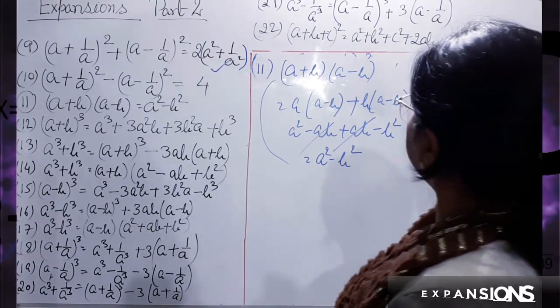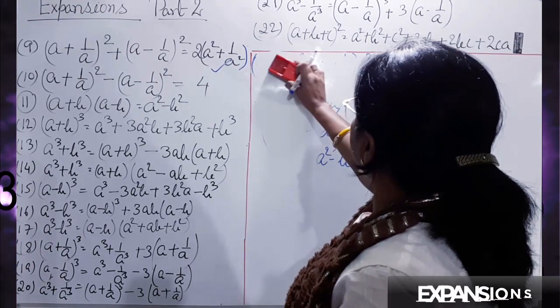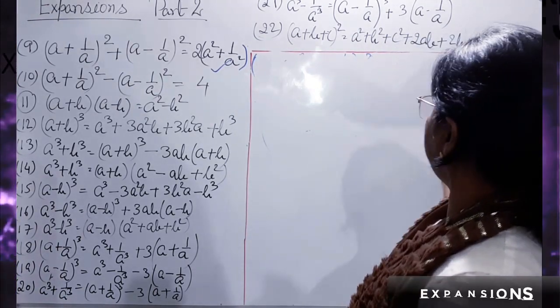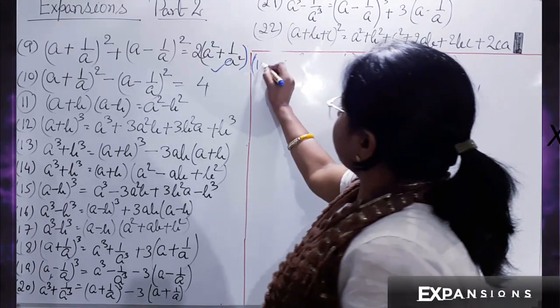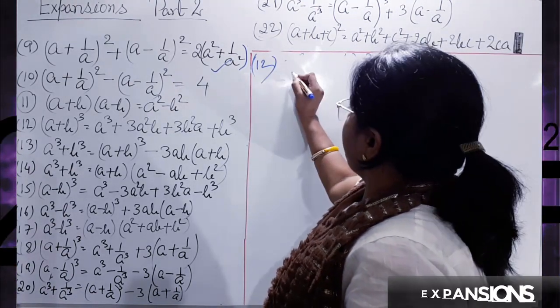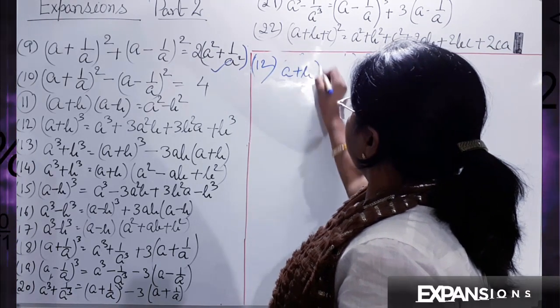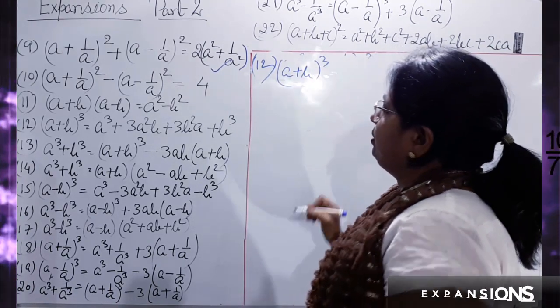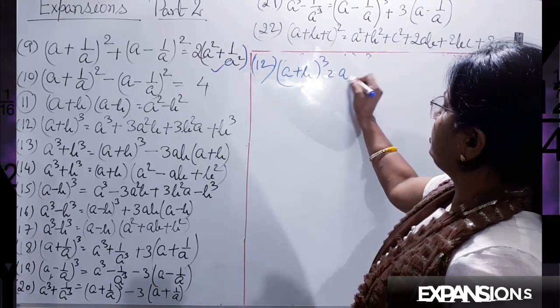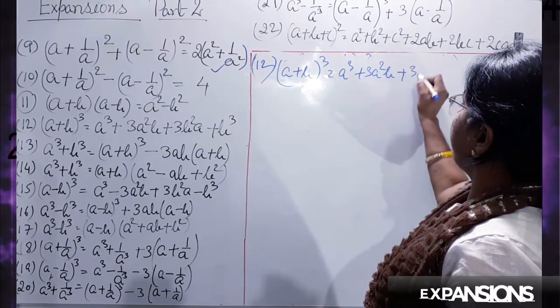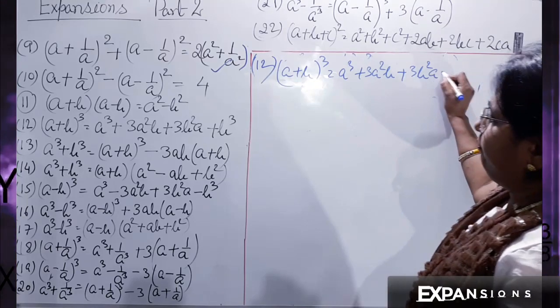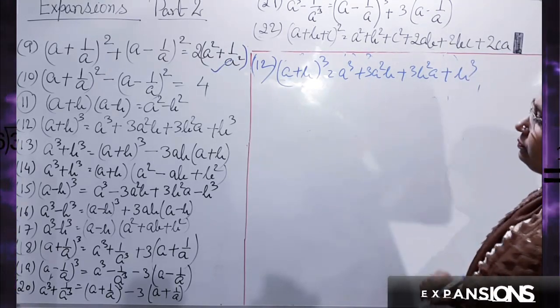Now 12 number is the cubic form of identity. 12 number is (a + b) whole cube. (a + b) whole cube is equal to a cube plus 3a square b plus 3b square a plus b cube.